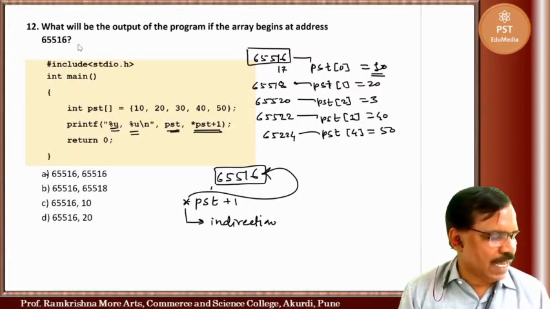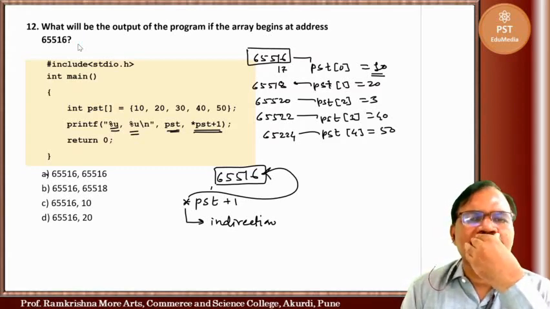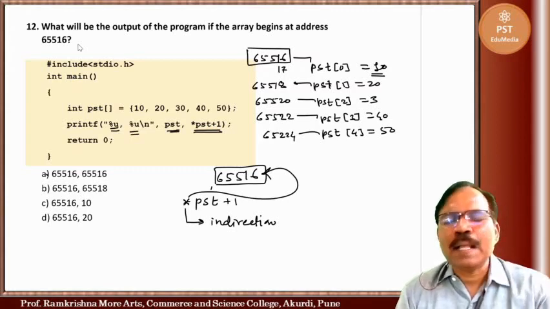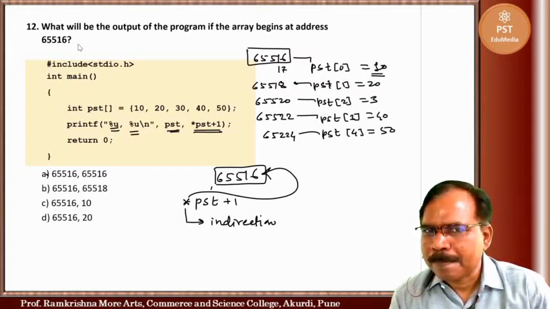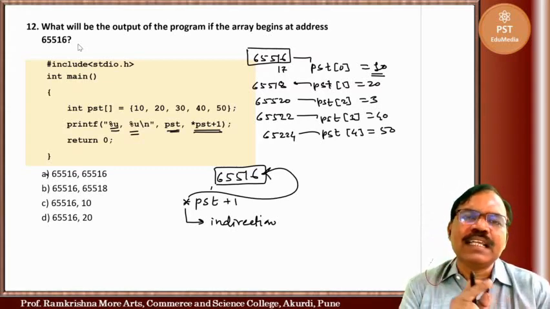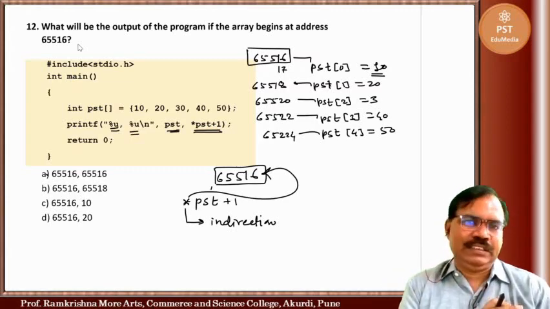Can you tell what value PST plus 1 will give? Will it be the same, sir? Yes, the same. So star PST plus 1 means it will go to the next address.